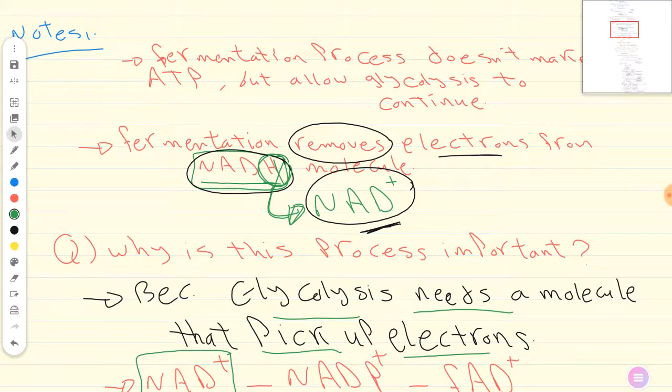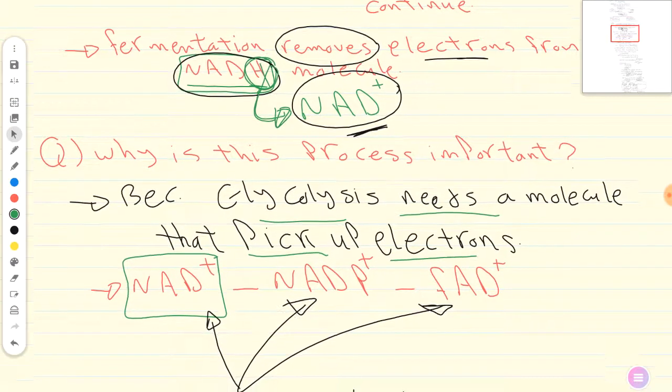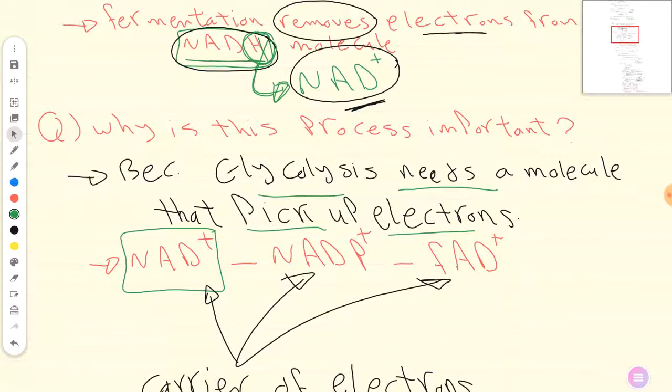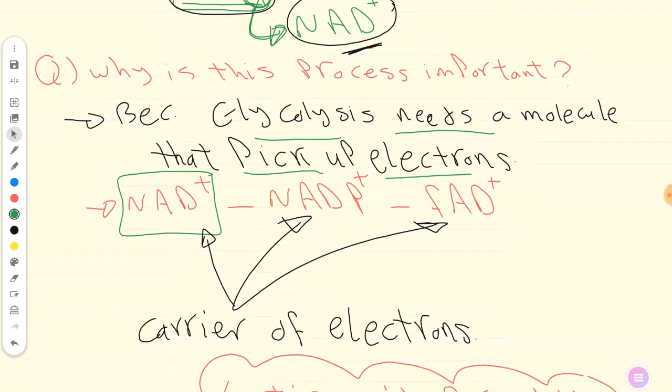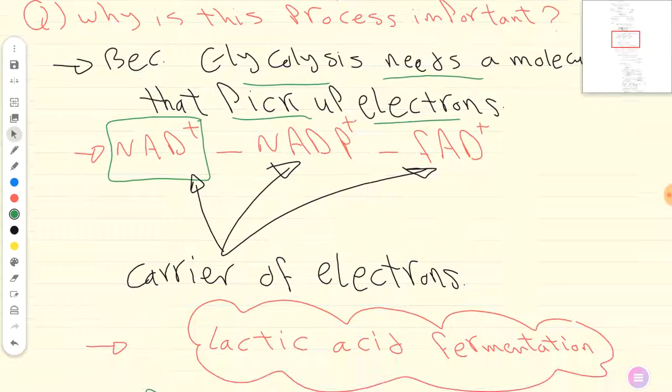The glycolysis process, similar to cellular respiration, needs electrons to be picked up. There are molecules that have the ability to pick up electrons, like NAD, NADP, FAD, but you must know that NAD and FAD are carriers of electrons during cellular respiration, but NADP is a carrier of electrons during the photosynthesis process.